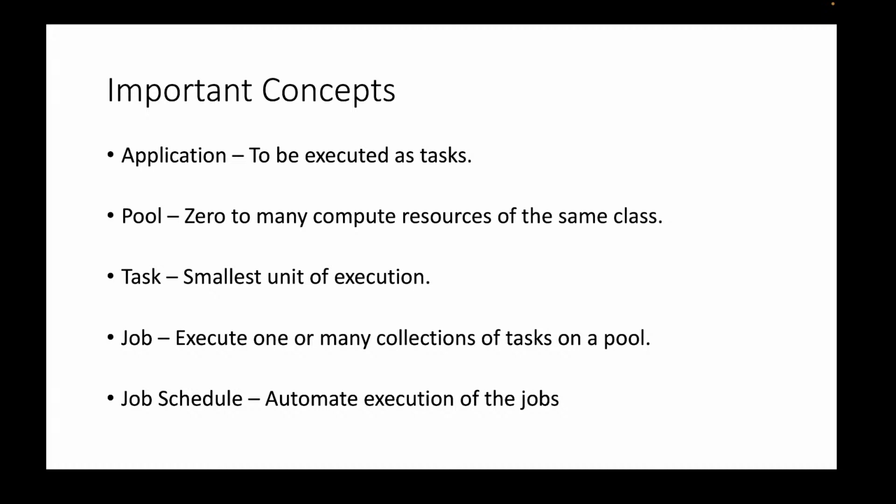Usually the concept of pool is quite similar across all the Azure concepts. Basically, it's zero to many compute resources of the same class. So when you're executing, you might be leveraging one or two or three, maybe four worker nodes for the compute process. In that case, all these are assigned into a single pool.